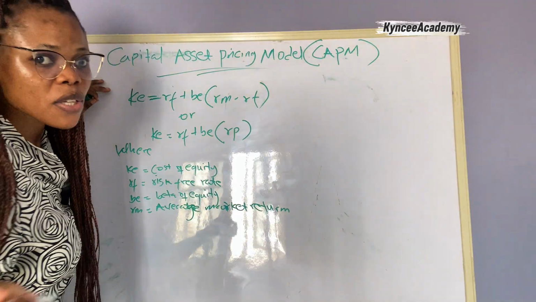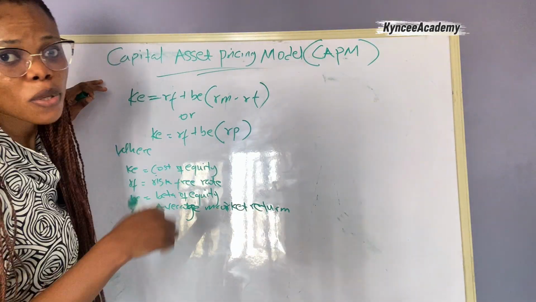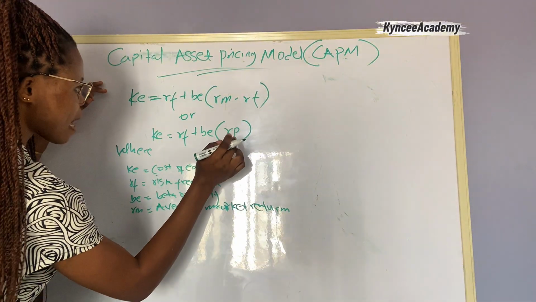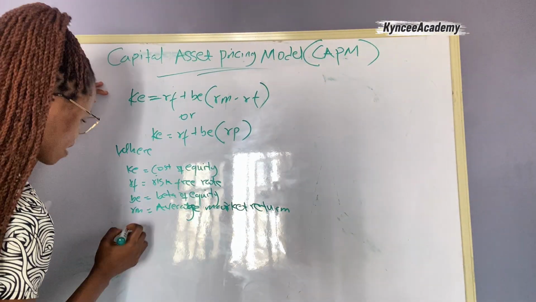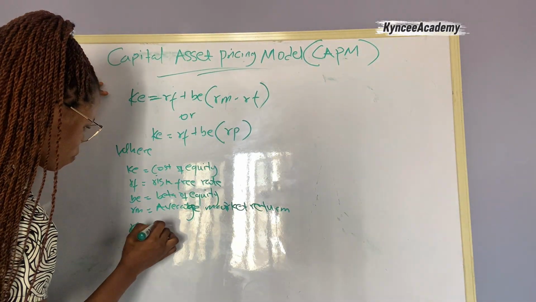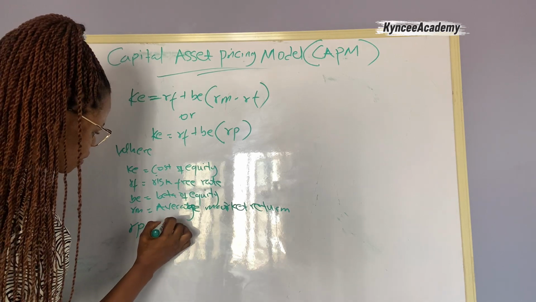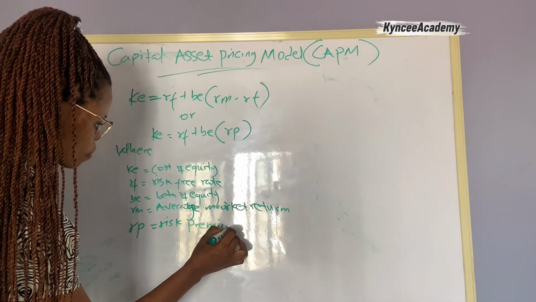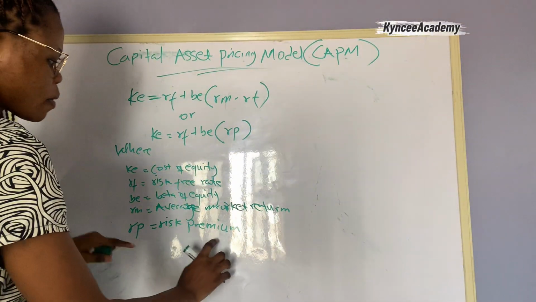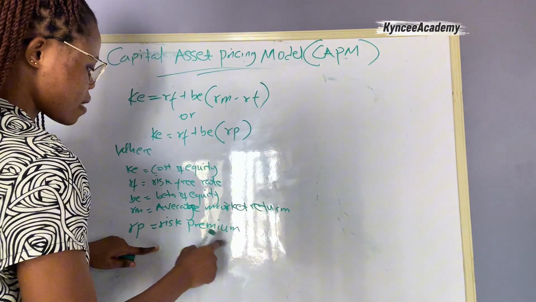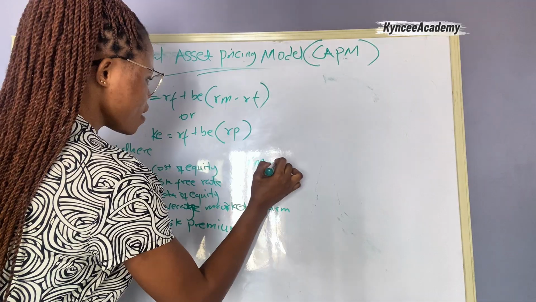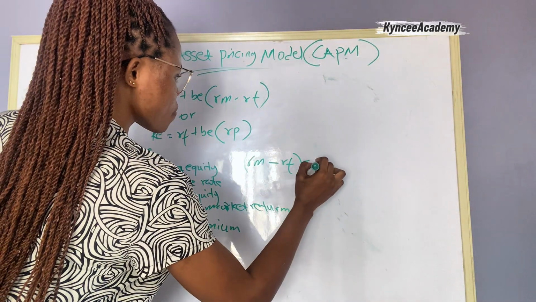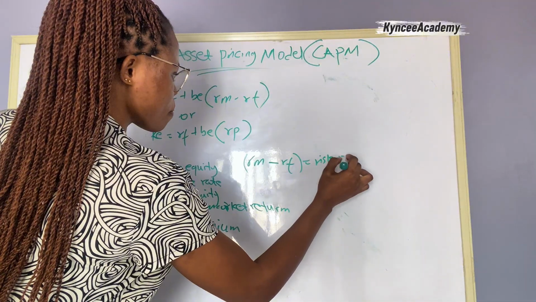In the course you are going to see it as market return, but it also means average market return. Then RP for the second formula stands for risk premium, which means Rm minus Rf gives you the risk premium.